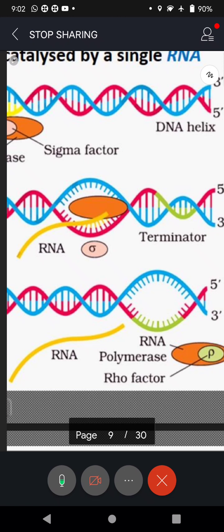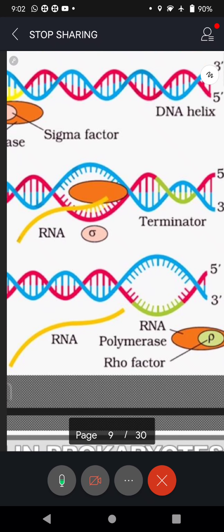I hope you are following. Once this termination takes place, from DNA, RNA is formed, and RNA polymerase and the Rho factor come out.